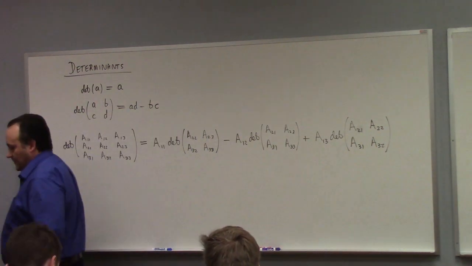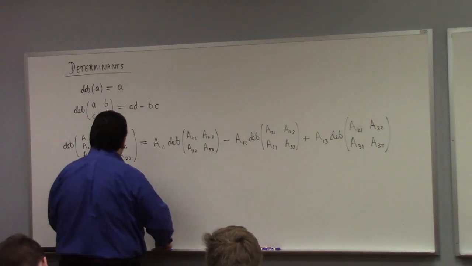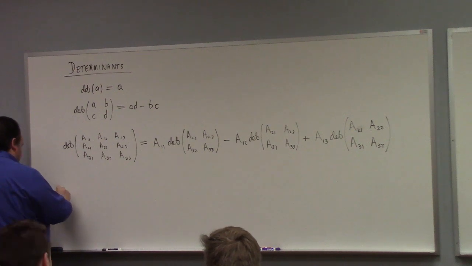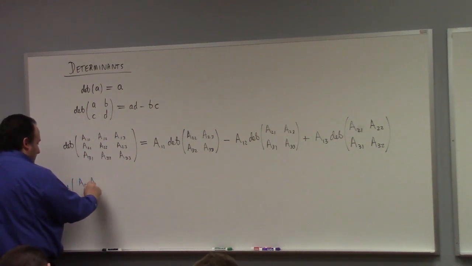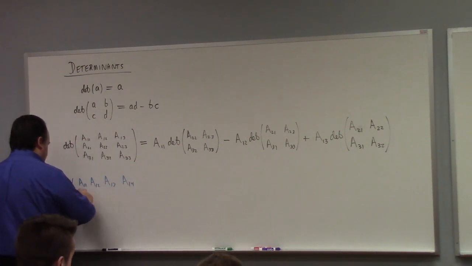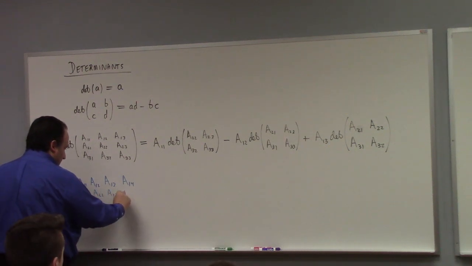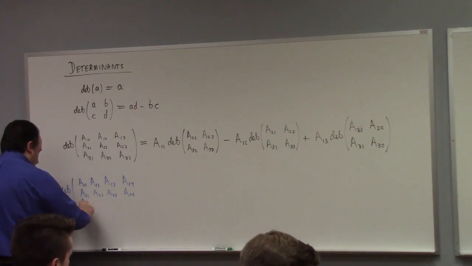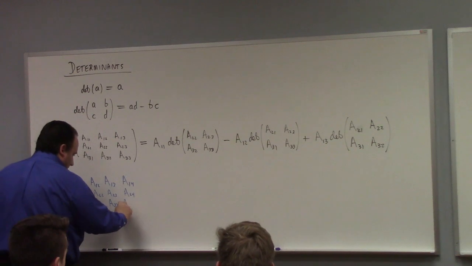Oi. 4-by-4. They don't pay me enough. Fine. 4-by-4. Determinant of A11, A12, A13, A14, A21, A22, A23, A24, A31, A32, A33, A34.